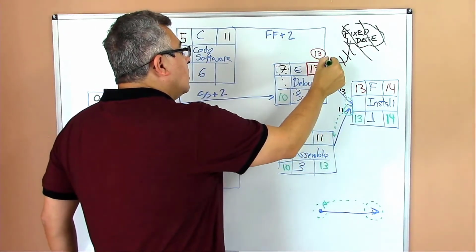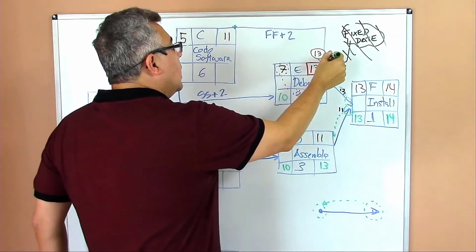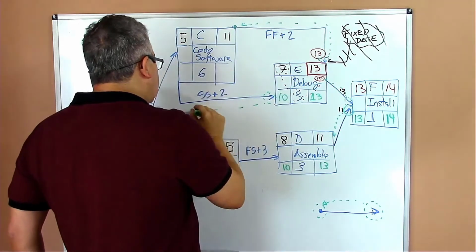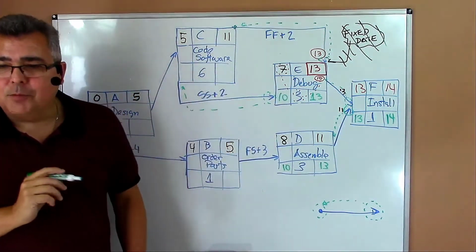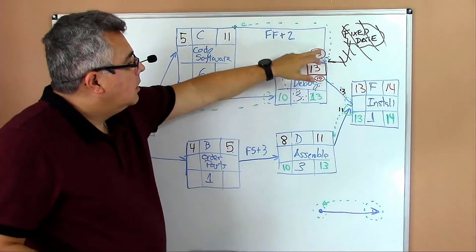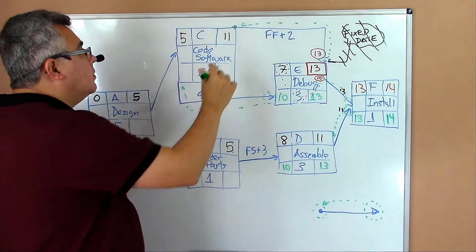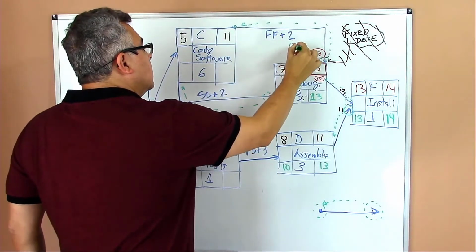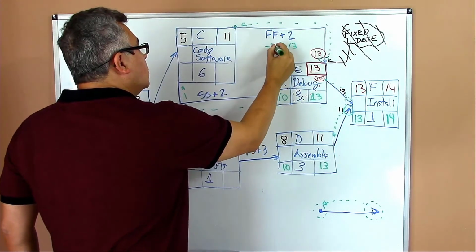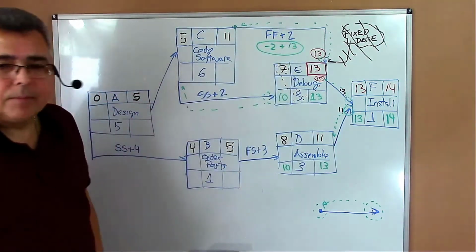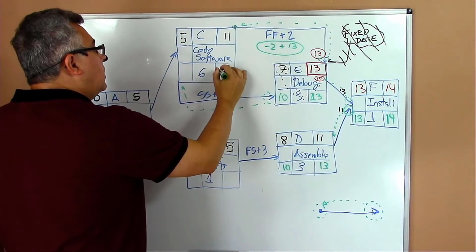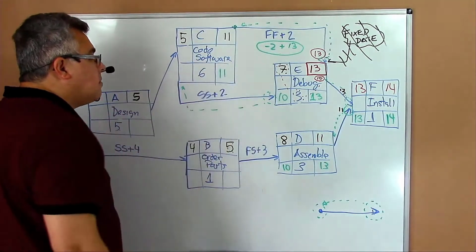So I have here and here. I have to move back on that arrow, and also on that one over here. So in that arrow here, I have 13. But because I'm moving backward, I have to remove the 2 days of the lag. So I have 13 minus 2, I put here 11.